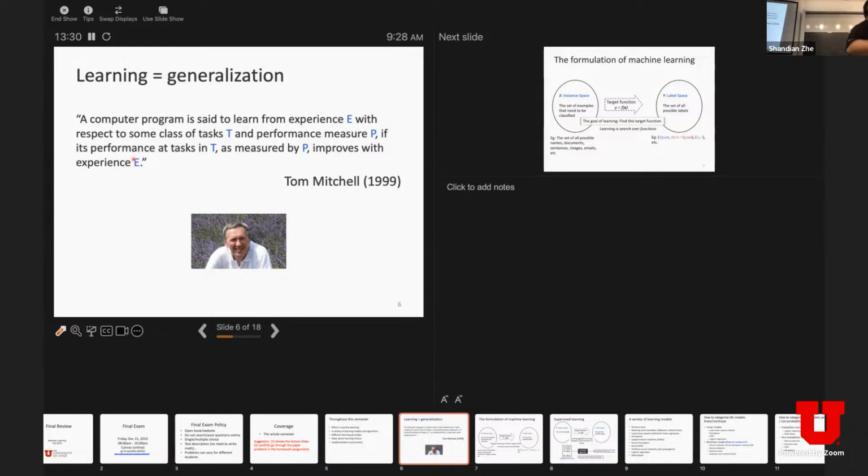Basically, under some particular metric, under some particular task family, with more data added, you're going to improve your performance. It reflects that you should generalize better and better as you are taught with more and more data.